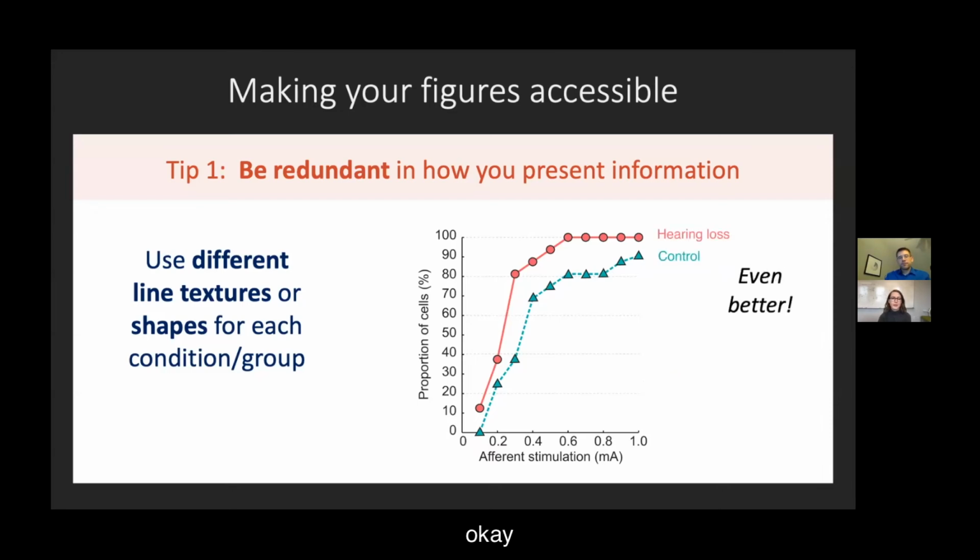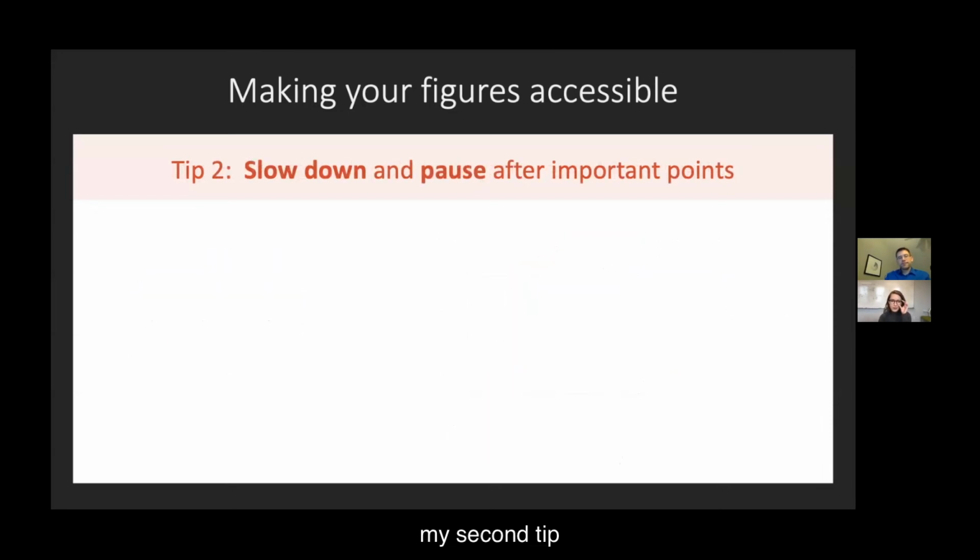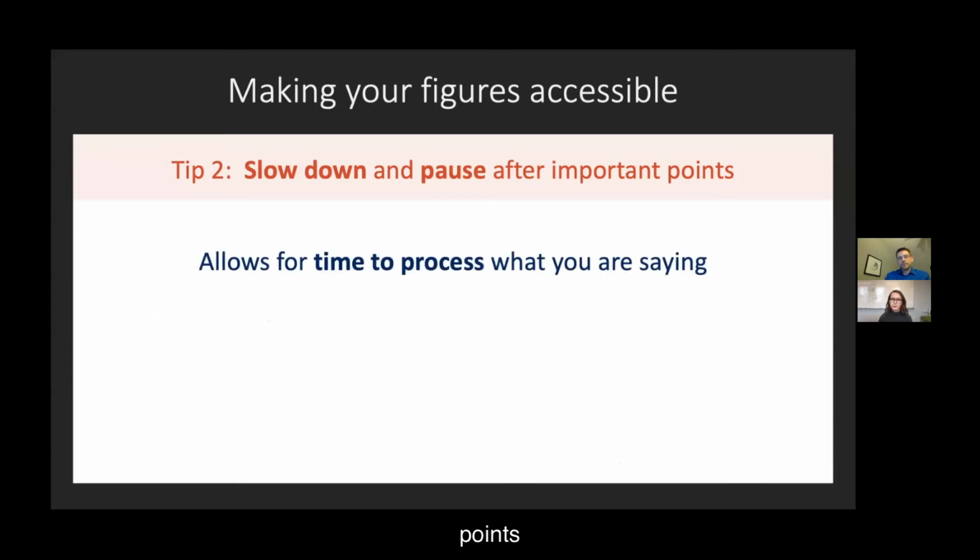Okay. My second tip is to slow down and pause after important points. This allows for time to process what you are saying. And this is really helpful for those who have hearing loss or hearing difficulties, or maybe some difficulties with auditory processing.